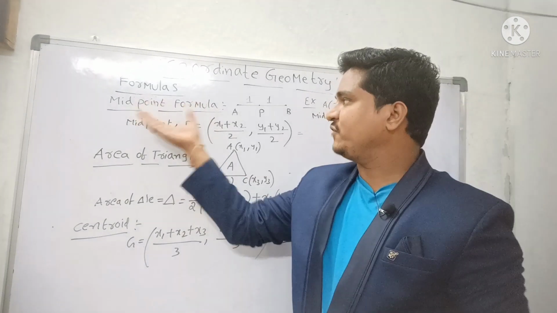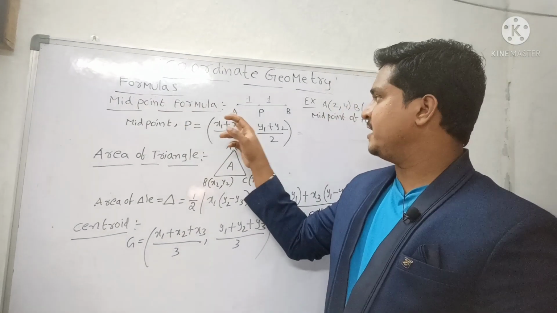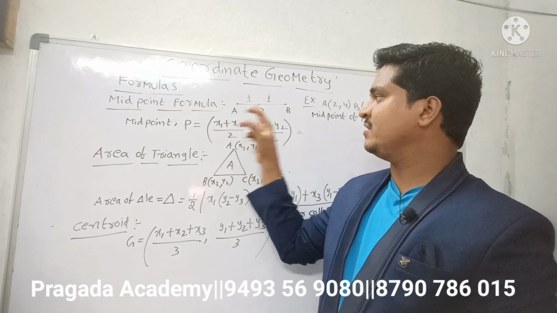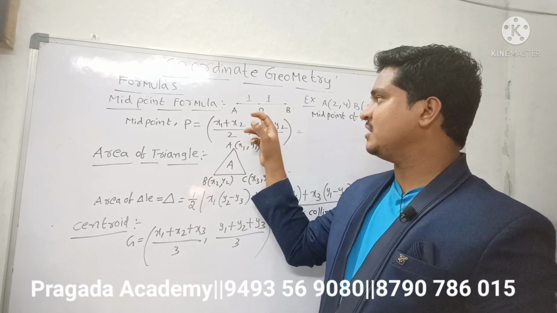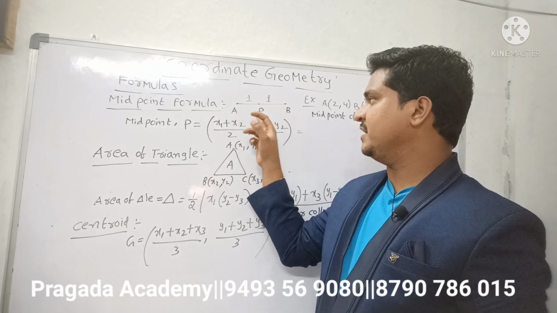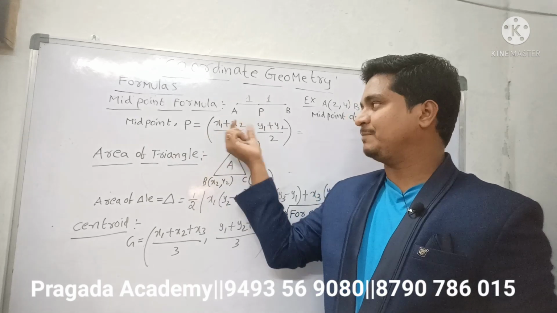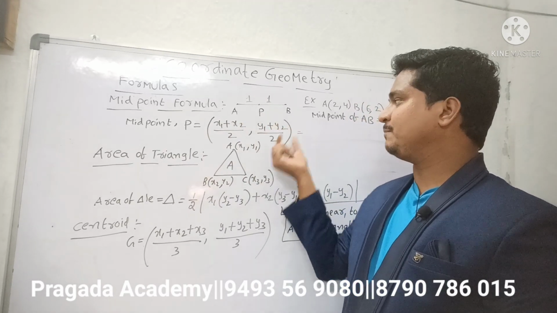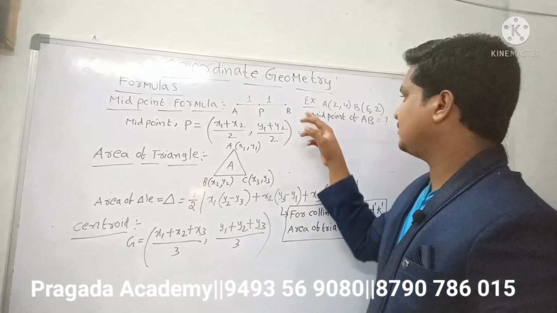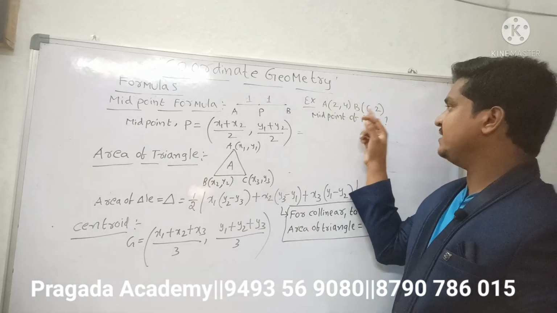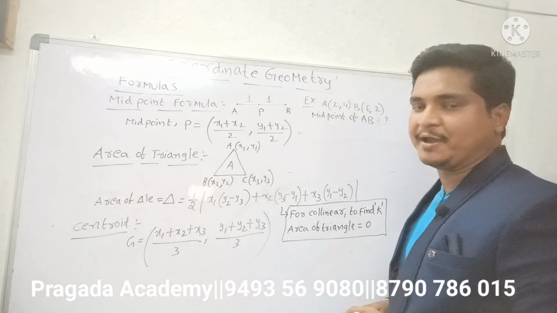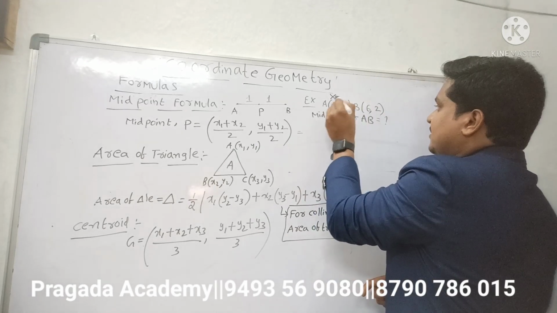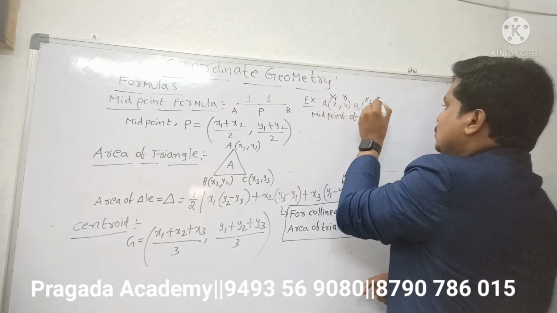Now the midpoint formula. Suppose they give A and B as the points A (x1, y1), B (x2, y2). To find the midpoint between A and B, the formula will be (x1 plus x2) by 2 comma (y1 plus y2) by 2. Suppose they give an example A (2, 4), B (6, 2) and ask to find the midpoint. So you can take x1, y1, x2, y2.